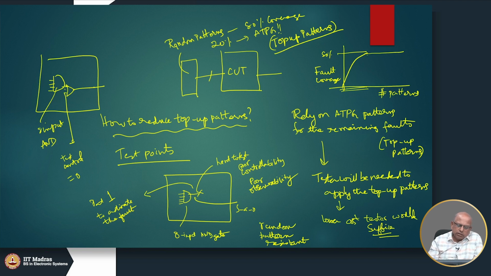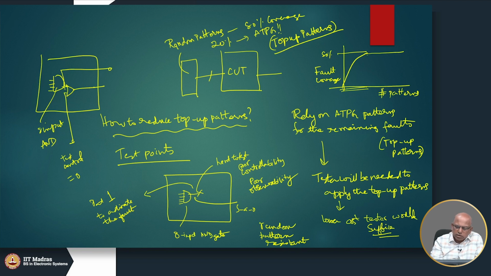Similarly, if I am worried about the observability here, I can try to bring that pin as an output pin. Normally, it is not required to observe that line, but we can add an extra pin to observe that particular wire. So, we can improve the controllability and observability of the internal points.